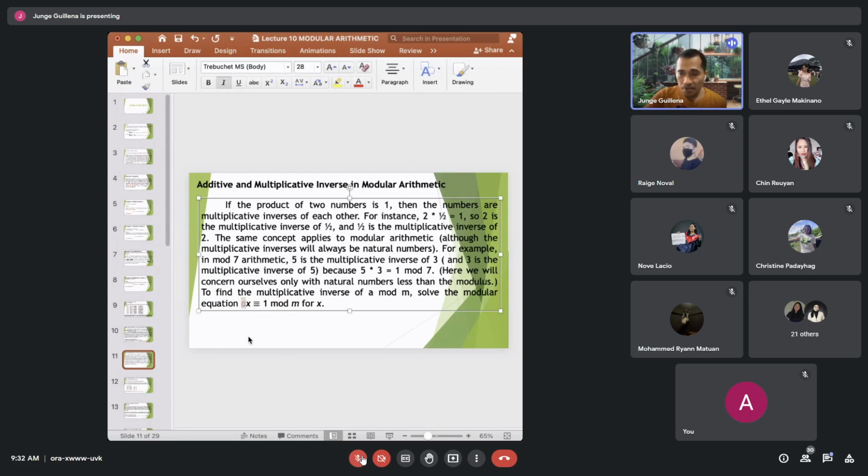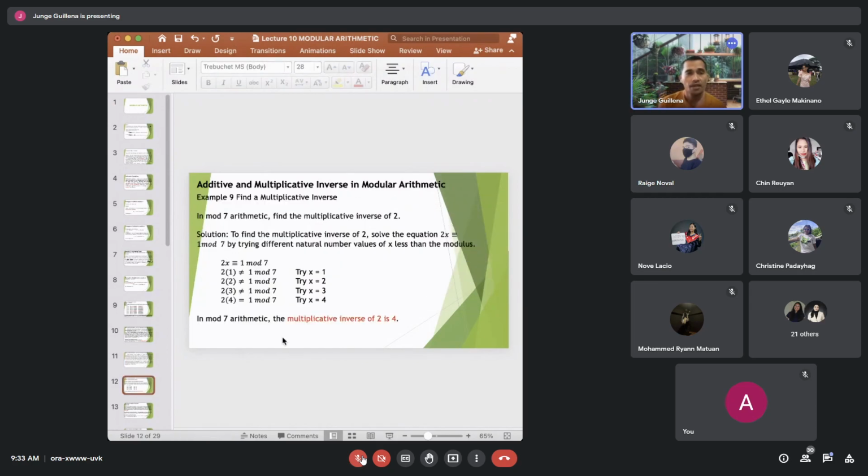Ito yung hahanapin mo na x, any integer, you multiply that to a, okay? And if their product, i-divide mo sa m, sa modulus, given yan, and if the remainder is 1, then these two numbers, a and x, are said to be multiplicative inverse.